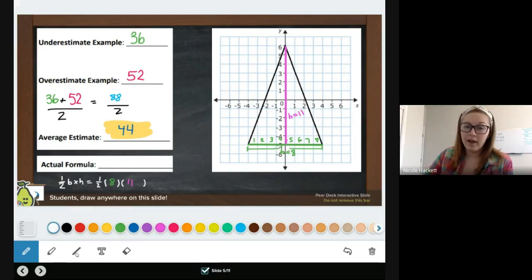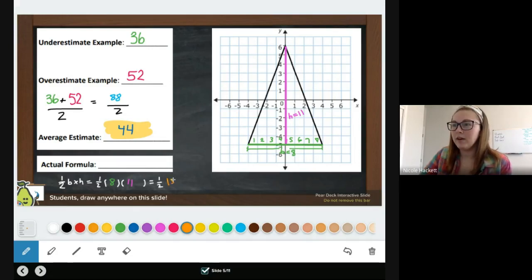And it looks like we actually did really good here, because we have 1/2 times 8 times 11, which is 88. Then we cut it in half, and we get 44. So we get the exact same answer. We did really good. Using our actual formula here, we got the correct answer.